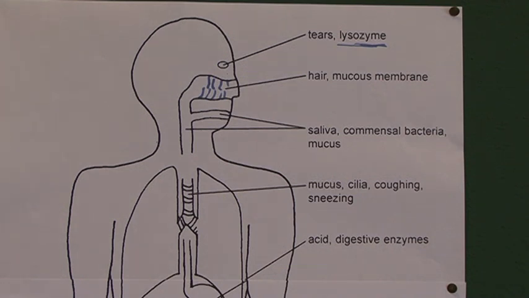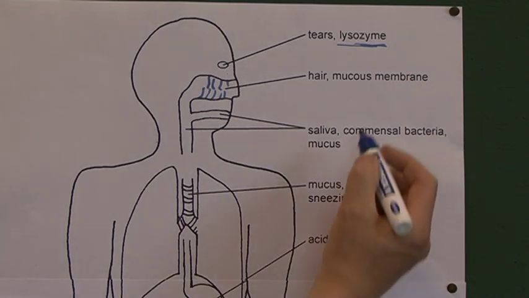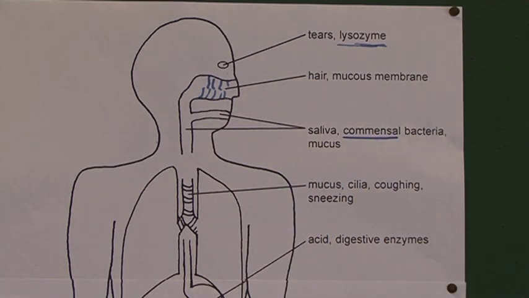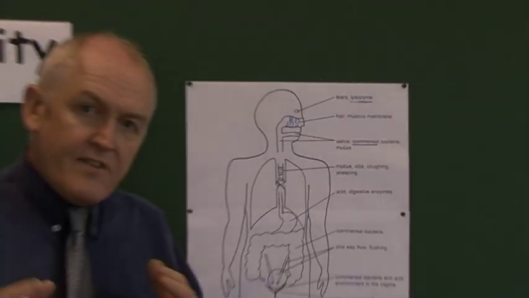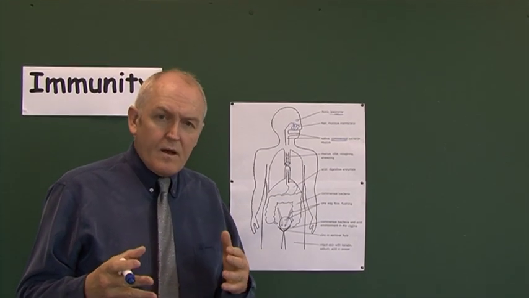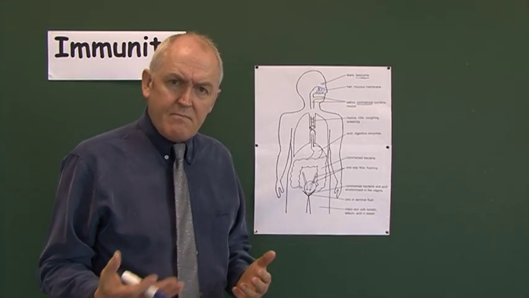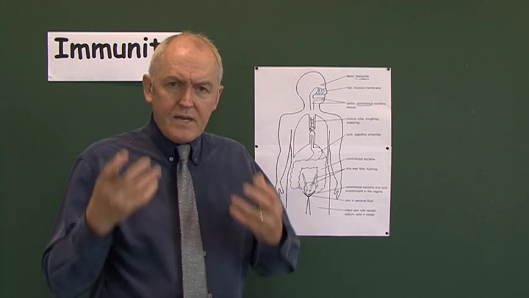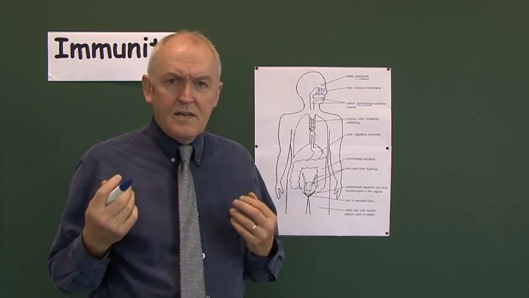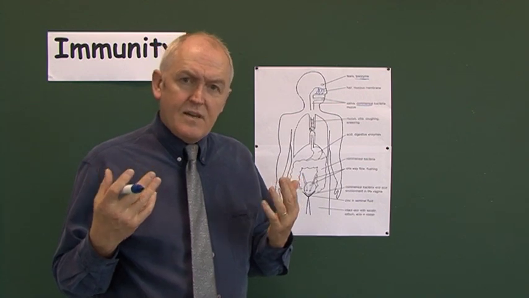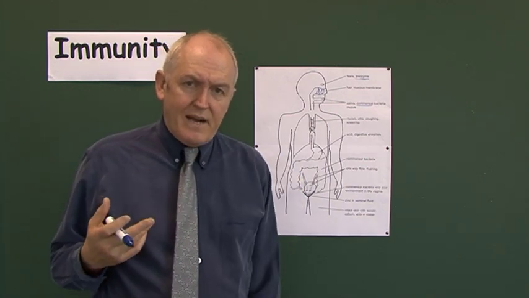Now, saliva contains commensal bacteria. Now, commensal bacteria are bacteria which live with us but don't cause any infection. They're kind of symbiotic. So in the mouth there's lots of bacteria, they don't cause any infection, we give them a nice place to live, but they are commensal, they're in our mouths.